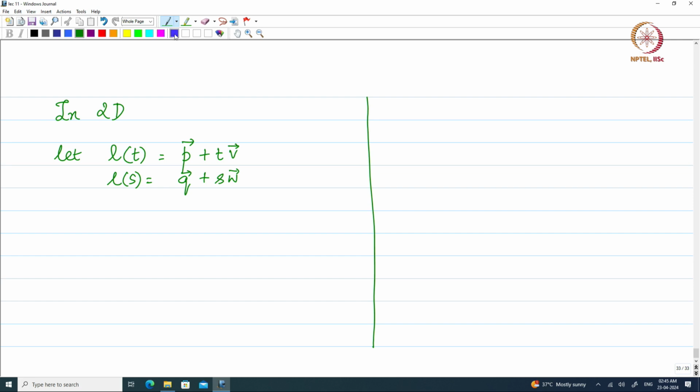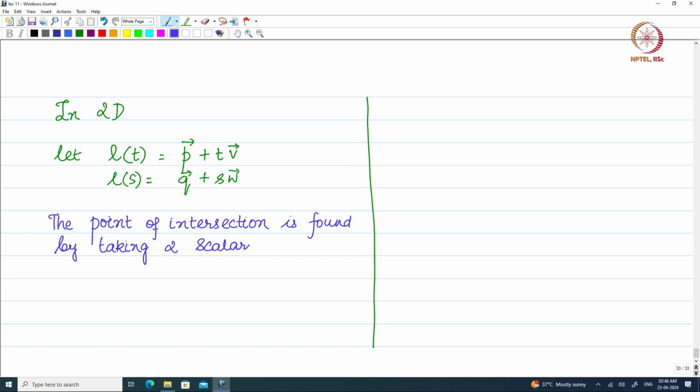Now, to find a point of intersection, we take 2 scalars, say t hat and s hat, such that P plus t hat v is equal to Q plus s hat w.